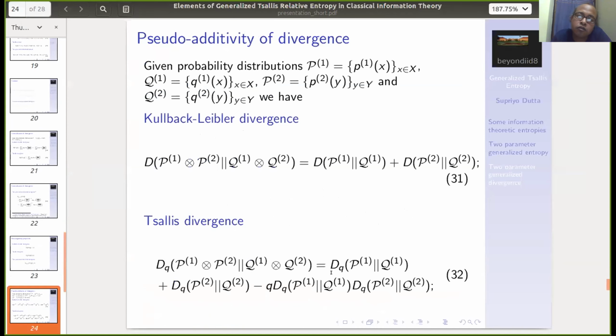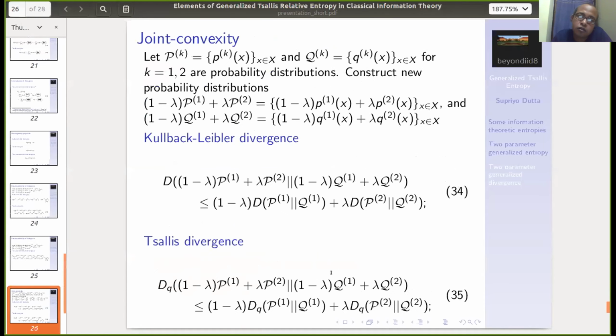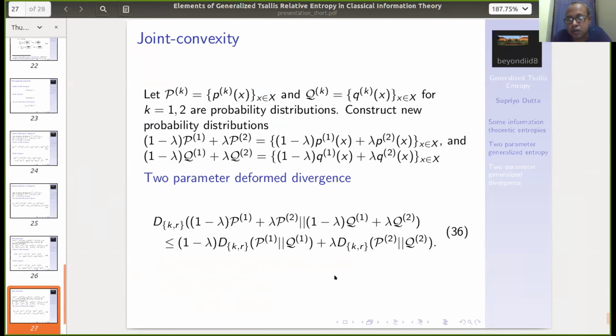It follows the pseudo-additivity property like KL divergence and Tsallis divergence. It also follows the joint convexity property, and such things we can prove for this entropy also.